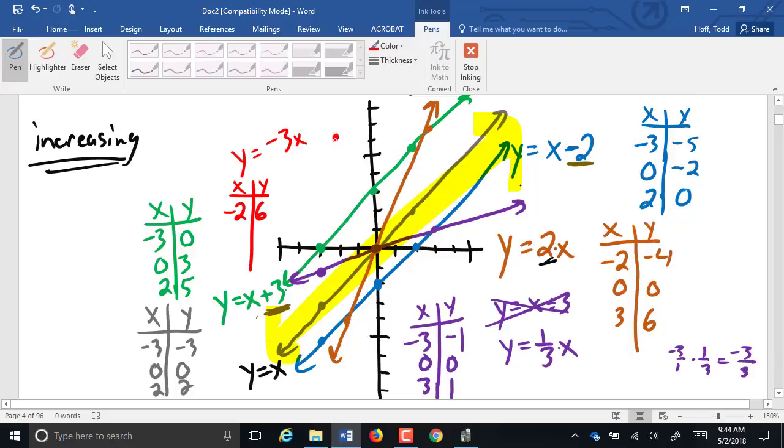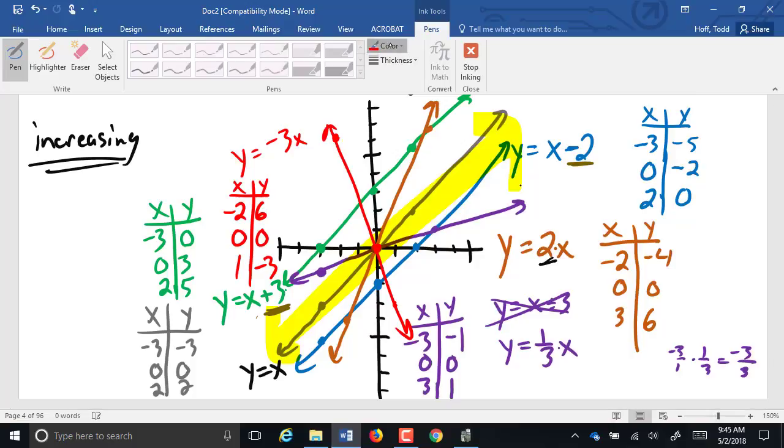So -2, 6, right there. If x is 0, what's anything times 0? 0. So still through the origin, or if x is 1, -3, very good. So there it is, this one angles down.